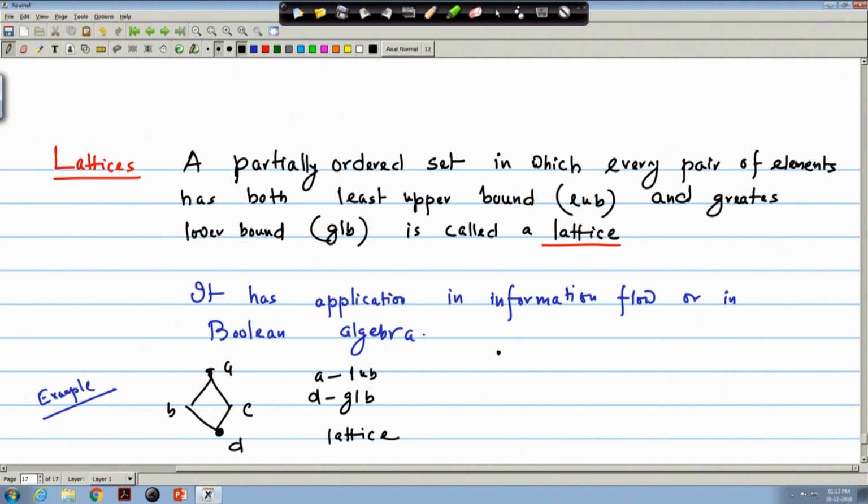If I consider another one, it is not a lattice.